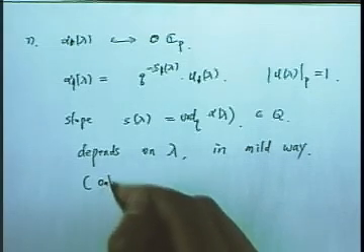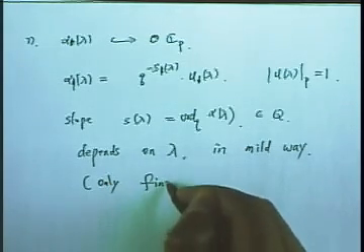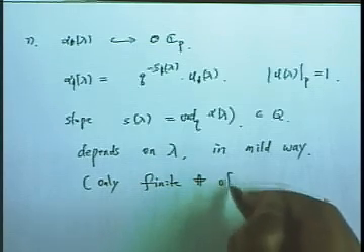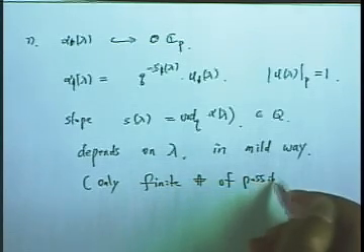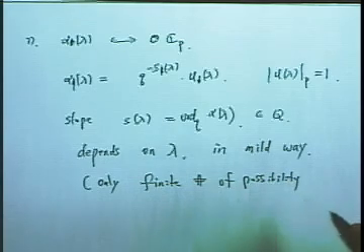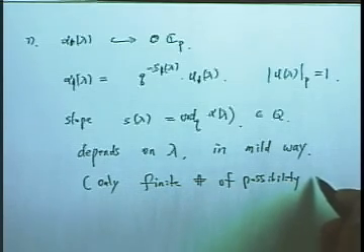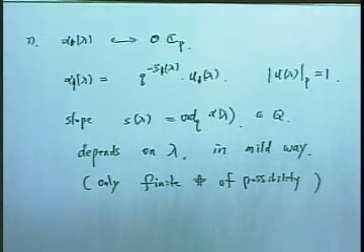So only a finite number of possibilities as lambda varies for a fixed family. So it is finer than the Hodge number, because the Hodge number also is fixed once you are given the polytope.